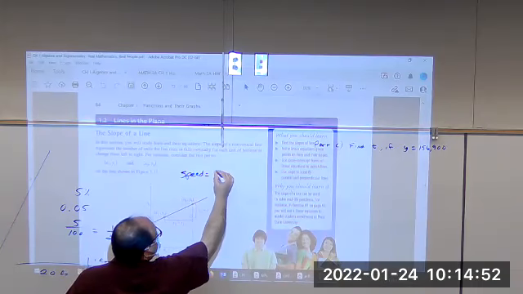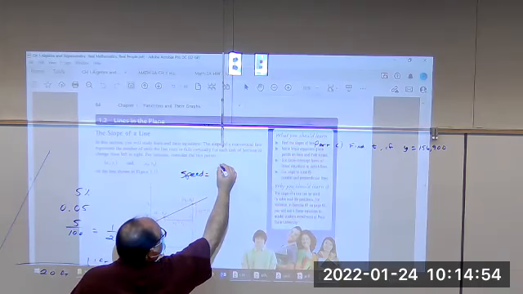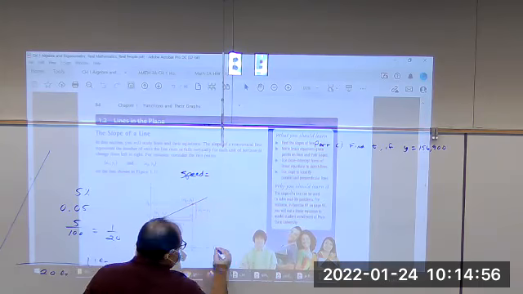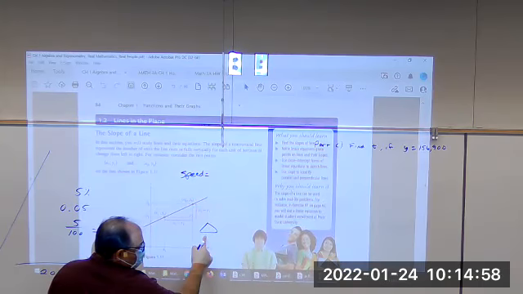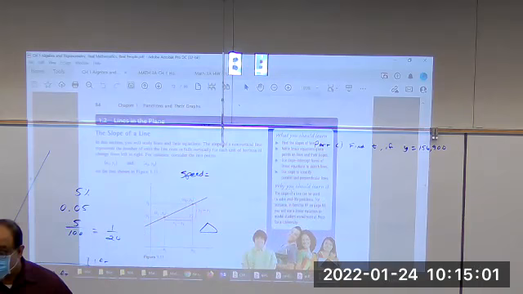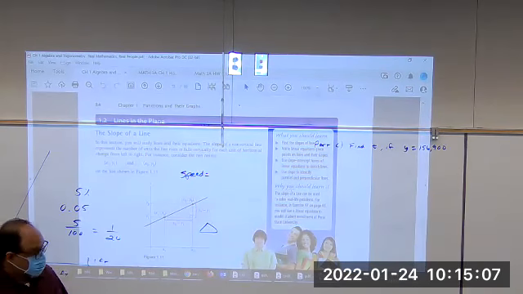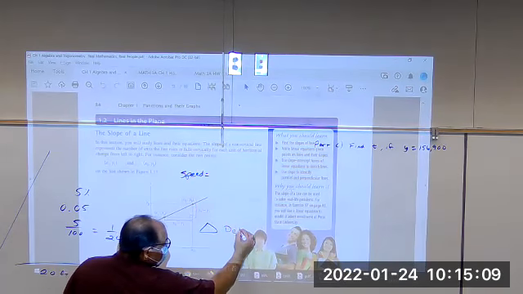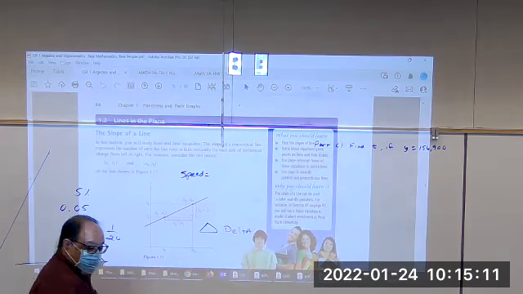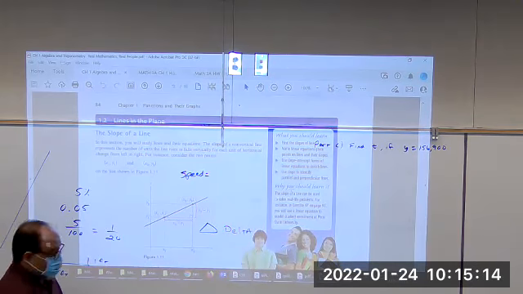Velocity is in this triangle. That's the capital Greek letter delta. In mathematics and science, delta means change.